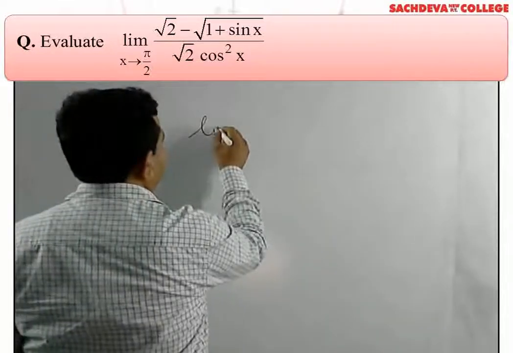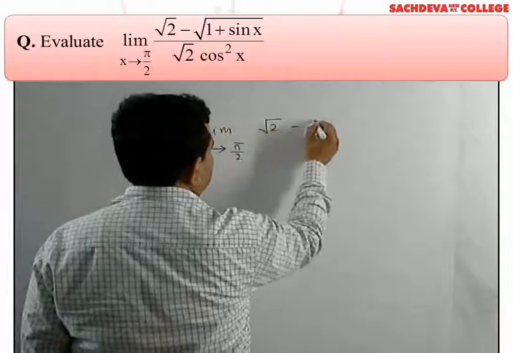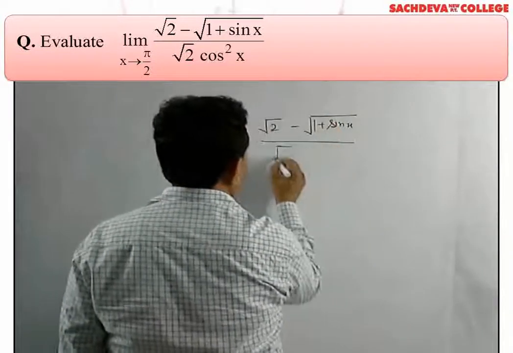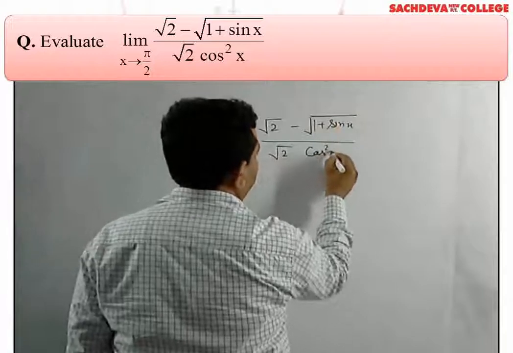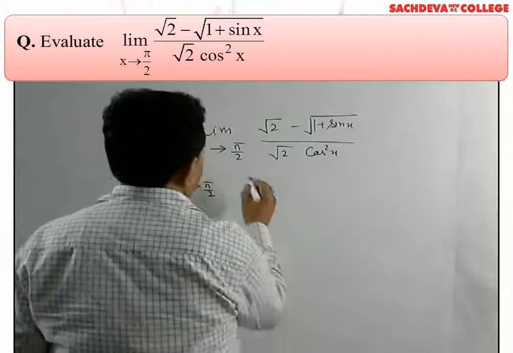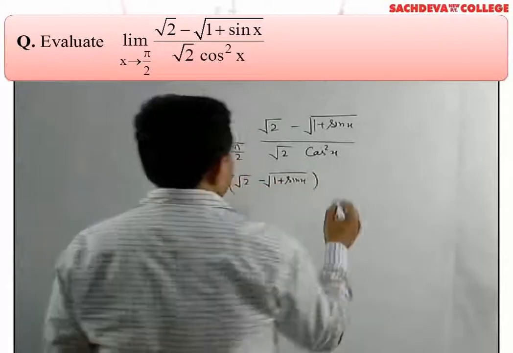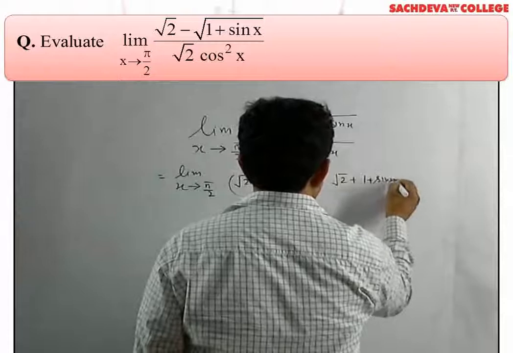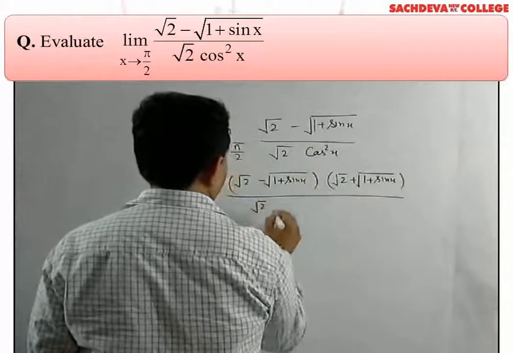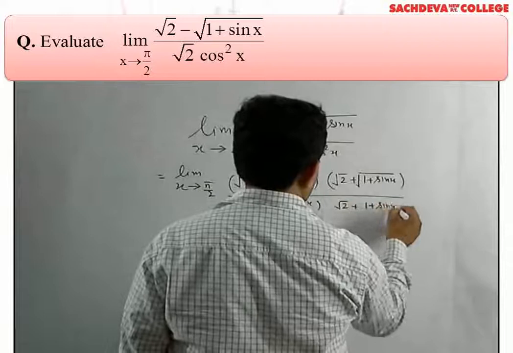So given that limit x tends to pi by 2, (root 2 minus root(1 + sin x)) upon (root 2 into cos square x) is equal to limit x tends to pi by 2, (root 2 minus root(1 + sin x)) into (root 2 plus root(1 + sin x)), divided by root 2 into (1 minus sin square x) into (root 2 plus root(1 + sin x)).